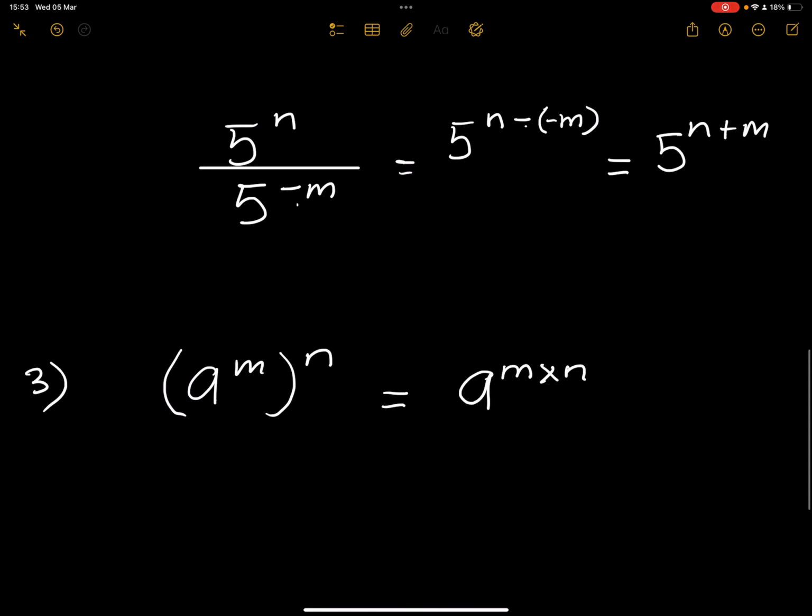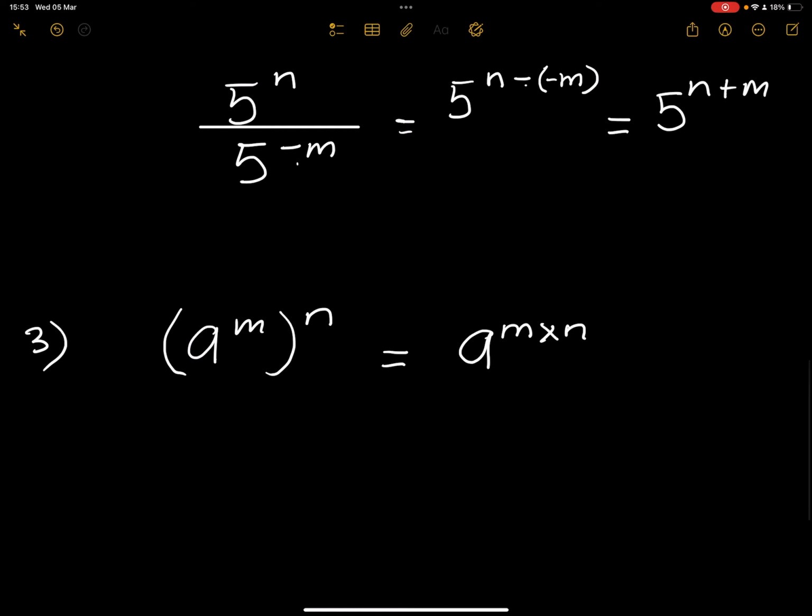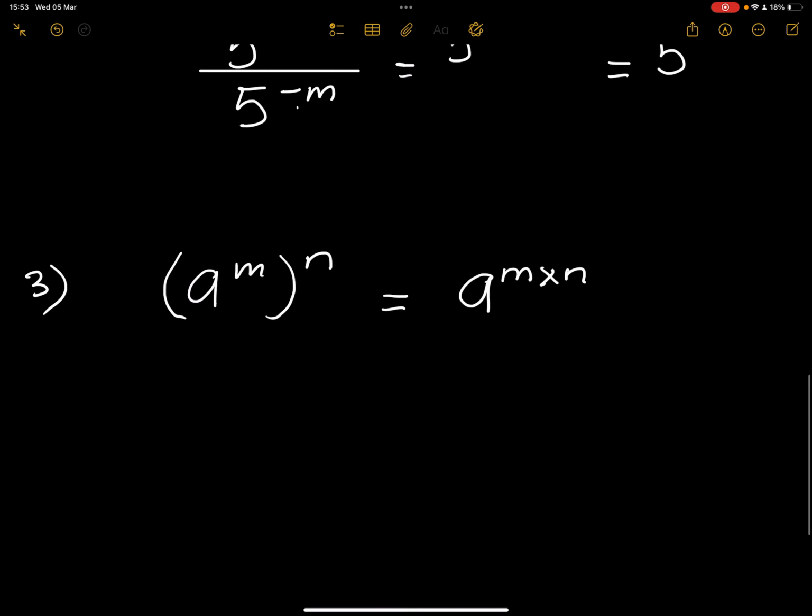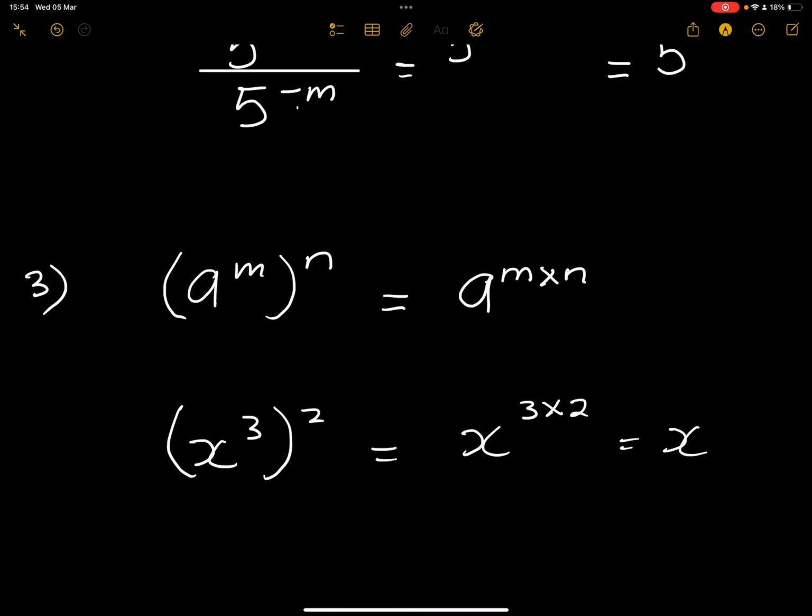So please, I want you to note that it will actually multiply the other exponent. So let's just make an example very quickly. If I've got x to the exponent 3 and I say that is squared, that will simply give me x to the exponent of 3 multiplied by 2, and so this will be x to the exponent of 6.